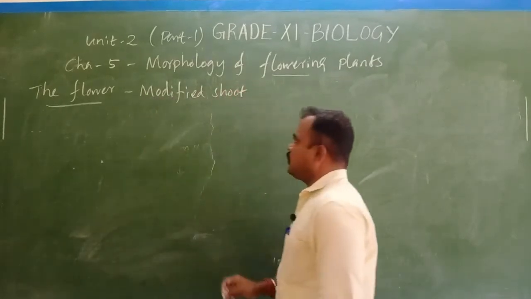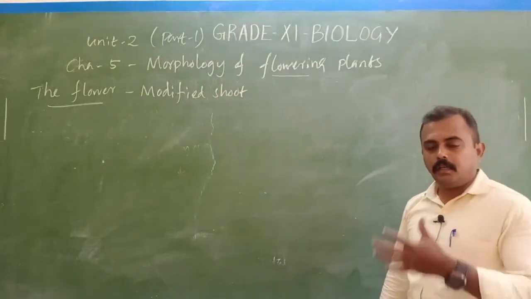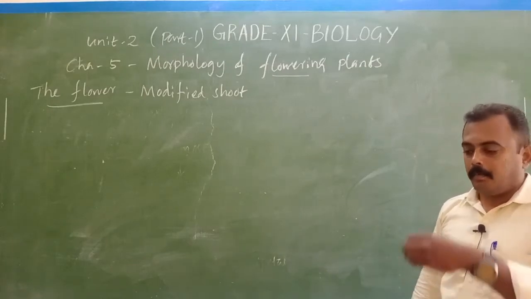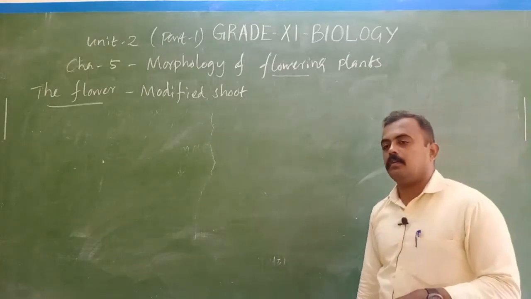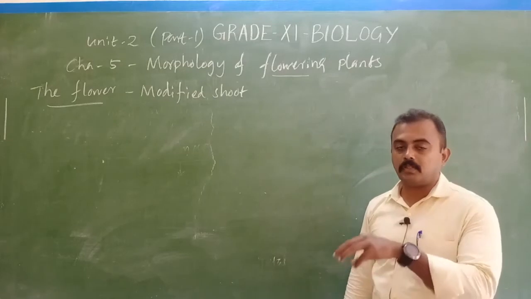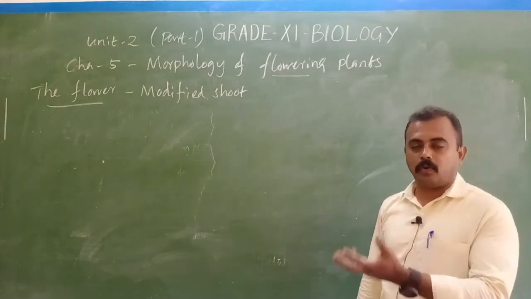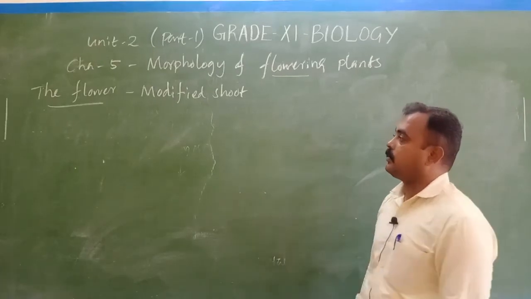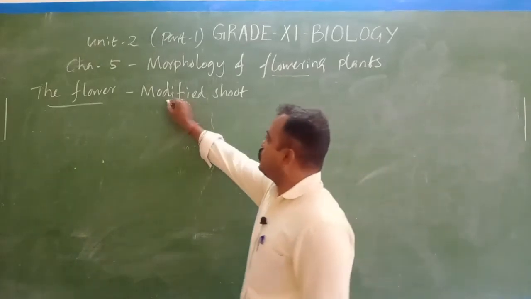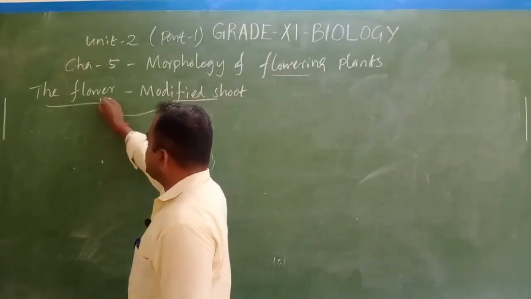Shoot means, do you know anything? In plants, if it grows below the ground, that is called root. If it grows above the ground, it is called shoot. So the modified shoot is called a flower.